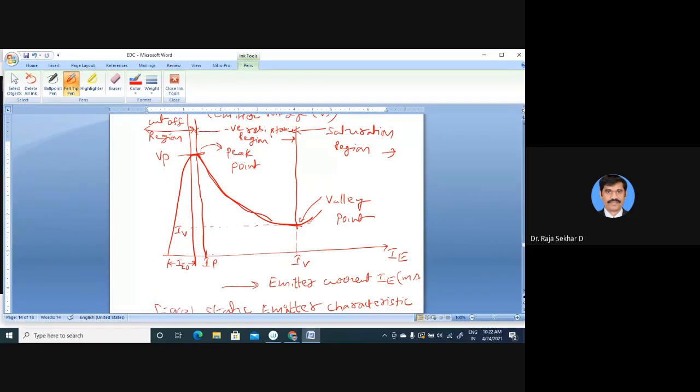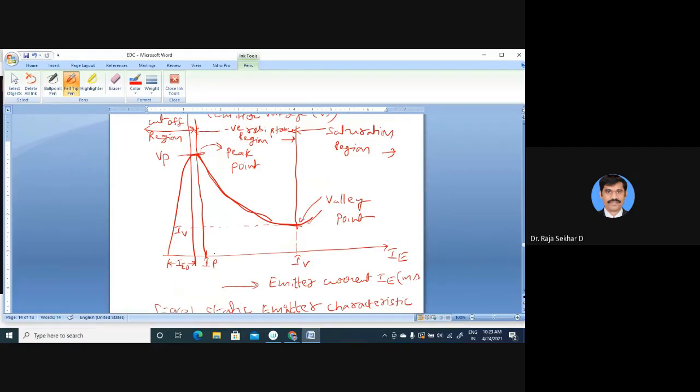Now, when VE is equal to just VP, that is VA plus V gamma, now it is ready to conduct and a small current flows. Now, when V is greater than VP, the peak point voltage, then the diode is forward bias. When the diode is forward bias, IE flows. When IE flows, the charge density increases, due to which RB1 reduces.